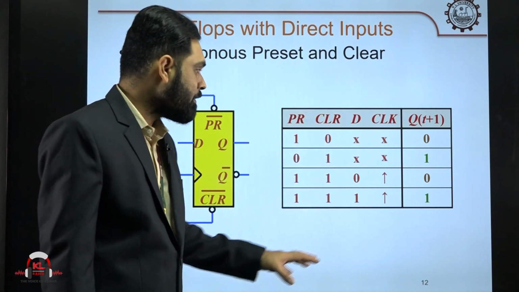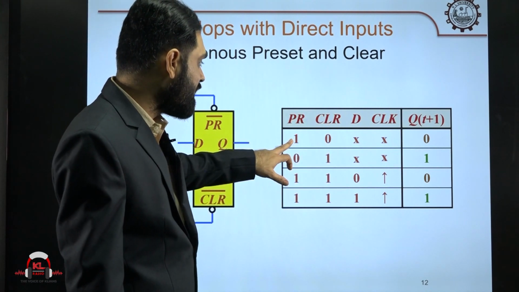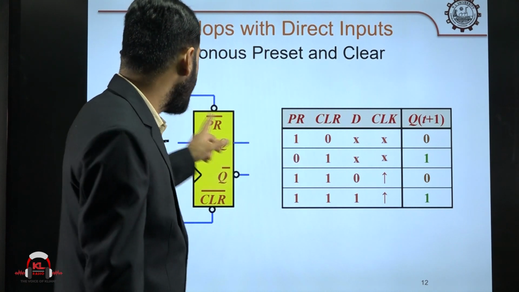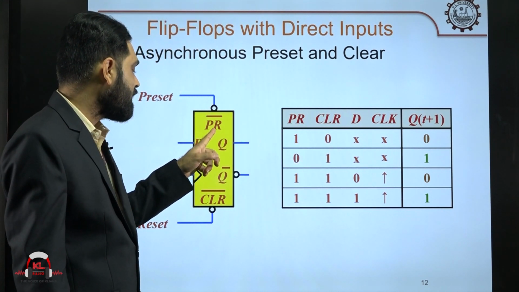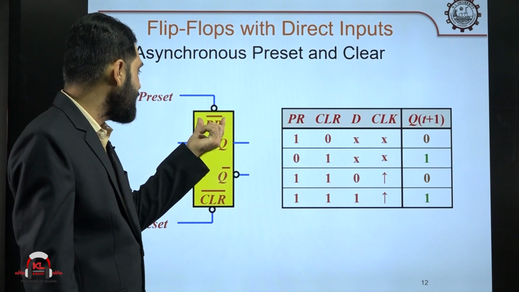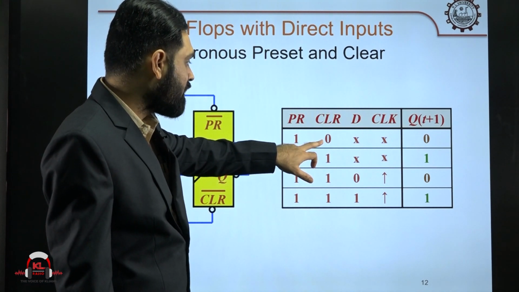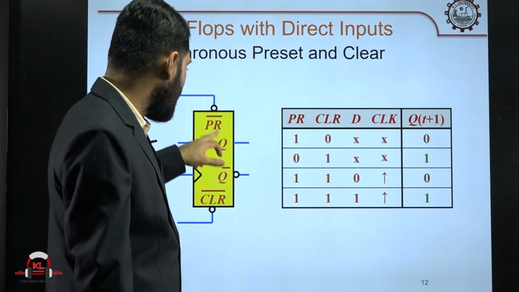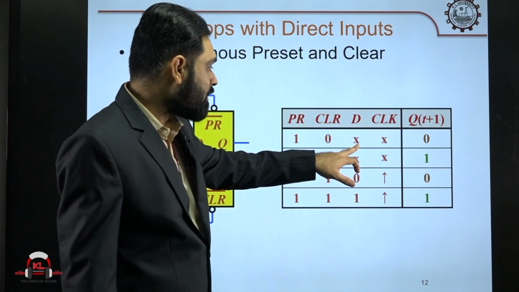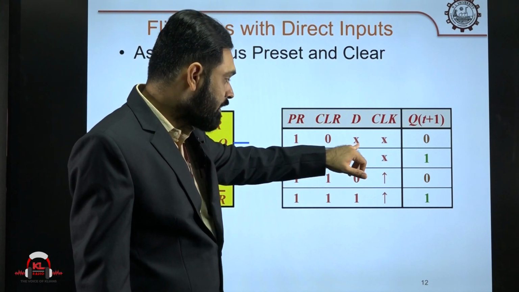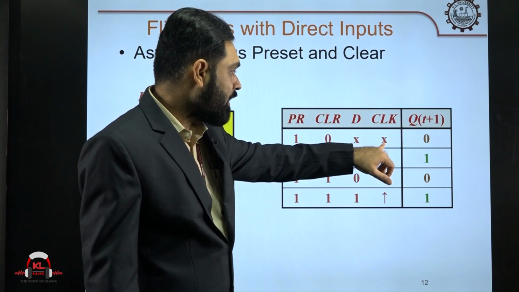Just look at this table. According to this table, whenever PR is 1 and clear is 0, preset is 1, that means 1 bar is 0, so preset will not work. But you are giving clear value 0, so the contents will be cleared. Look here, D value is x, clock value is x.